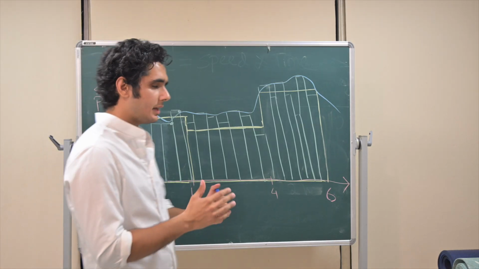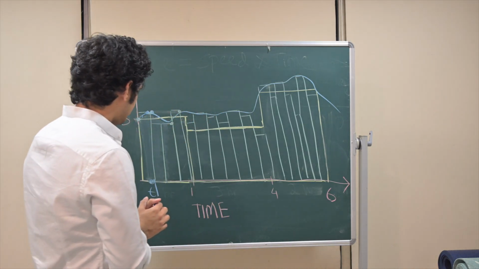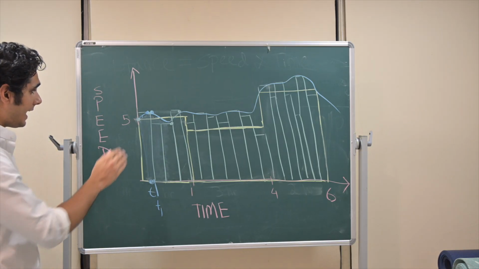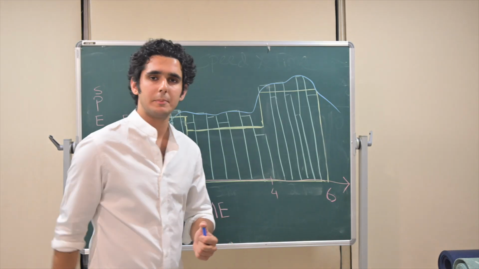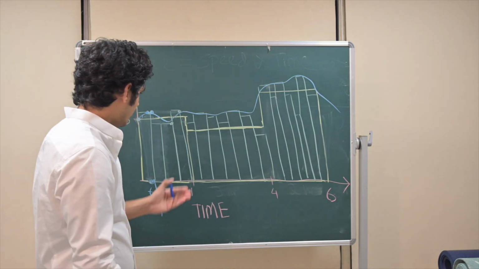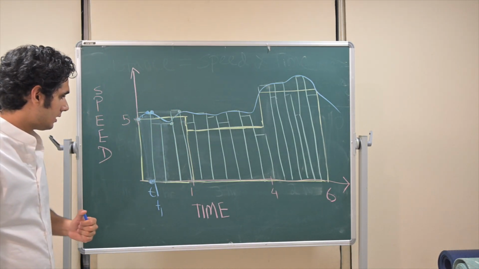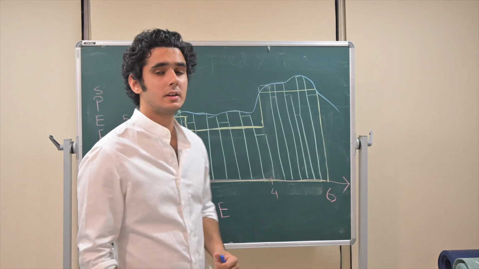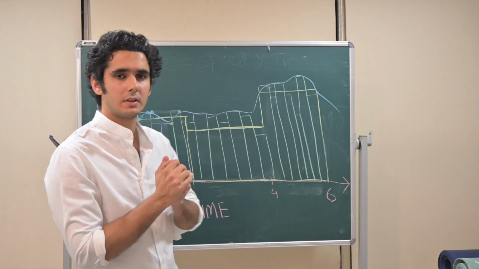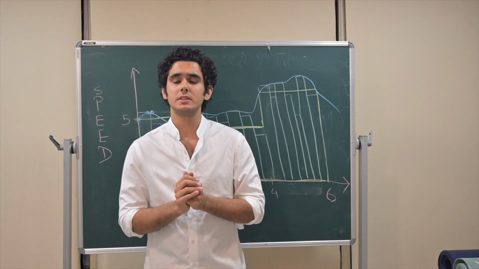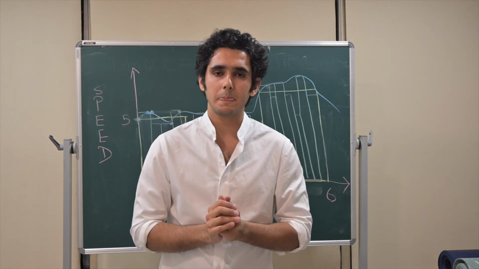And more specifically, the area under the curve between any two intervals of time will represent the total distance that we covered across that interval. This is the key idea of integration.